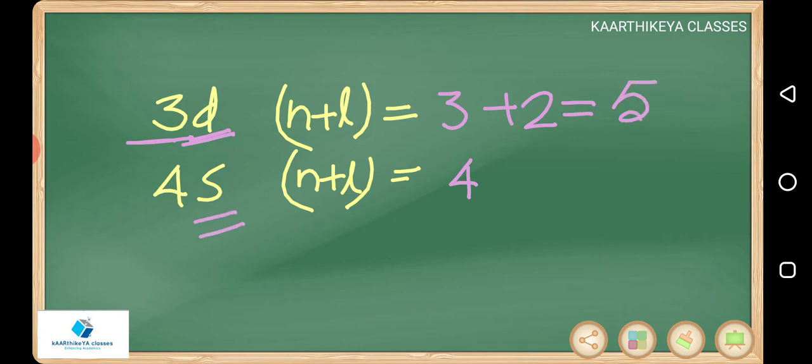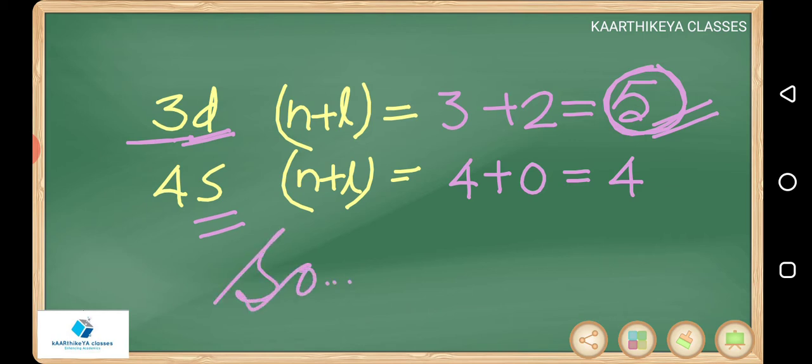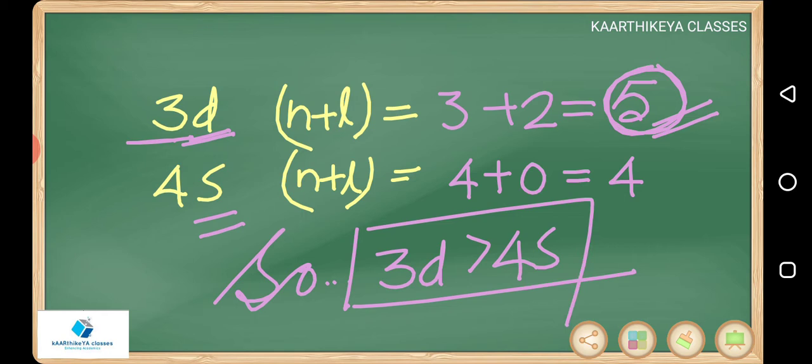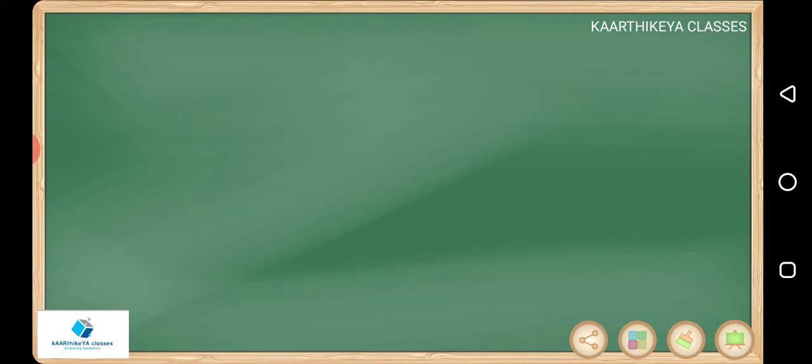For s orbital, l value is 0. n plus l is more for 3d orbital, that is 5, than 4s orbital, which is 4. So 3d orbital is having greater energy than 4s orbital. So you are going to decide on the basis of the n plus l rule.